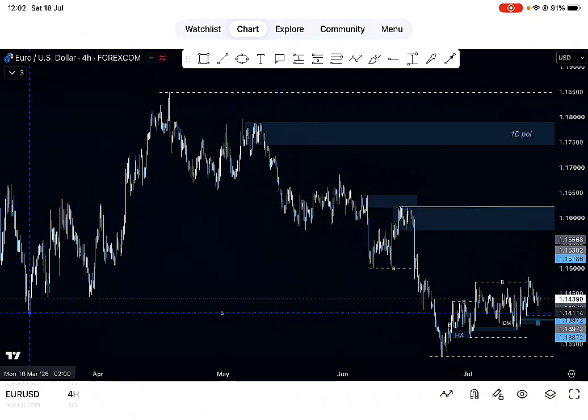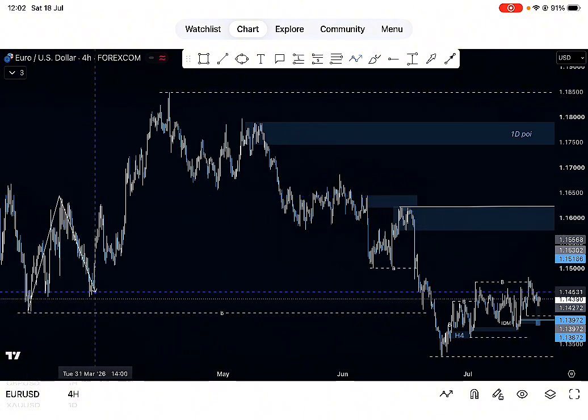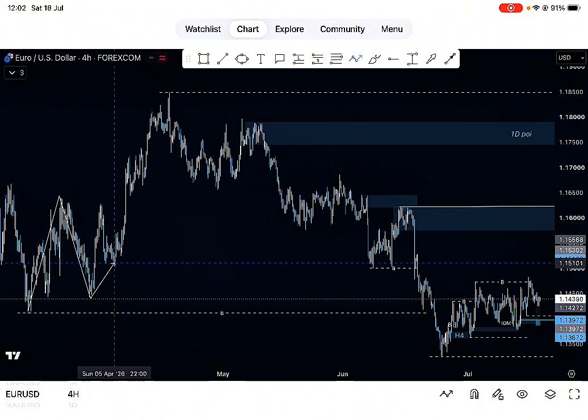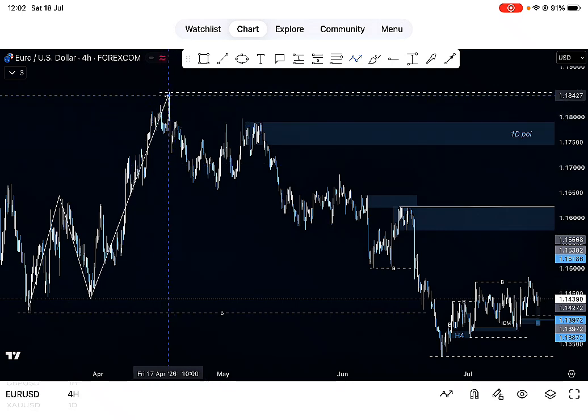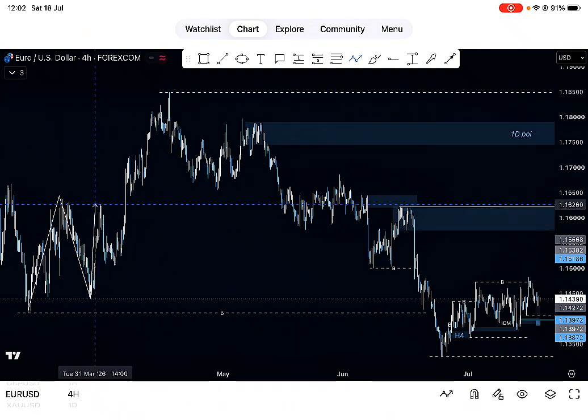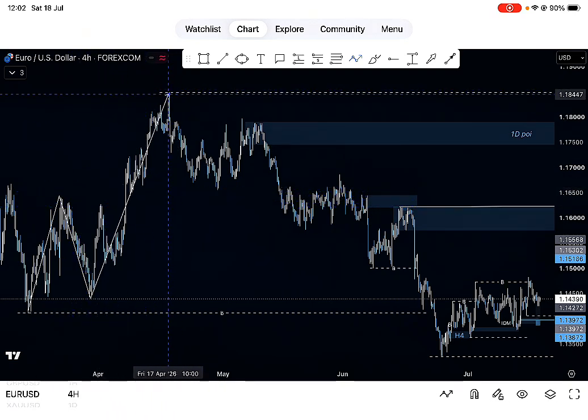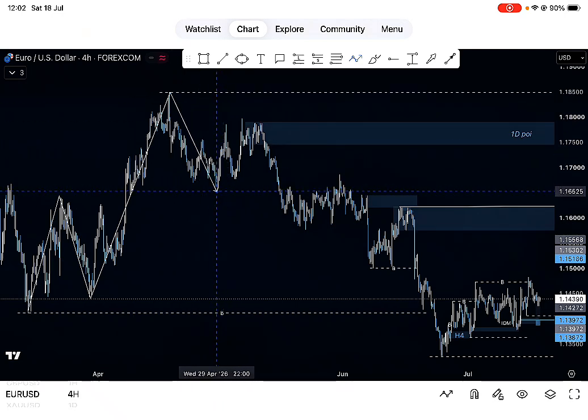So this was a low, this was a high, right? This high made a low, then this was a high, obviously. This was a high, but it didn't break structure. So this was the high, and from here the market started reversing.